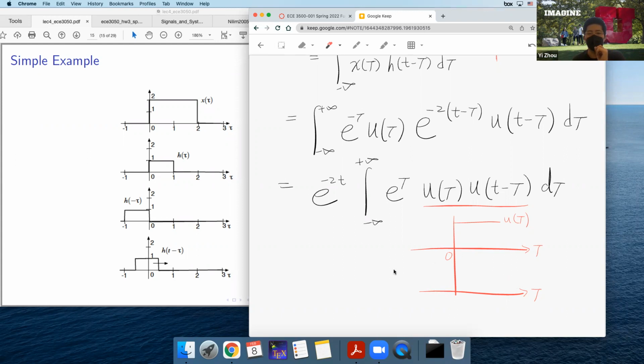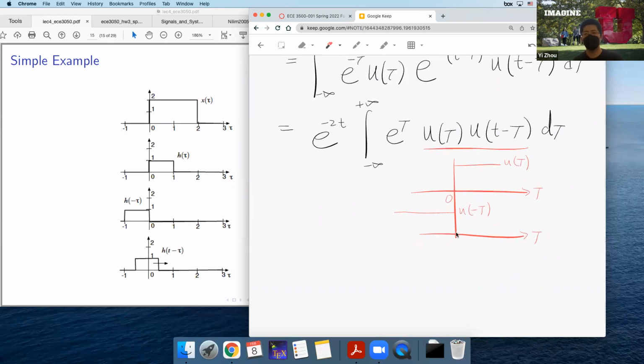So this is reversal. And then we shift it to the right by t. Suppose t is positive, then we shift it to the right.